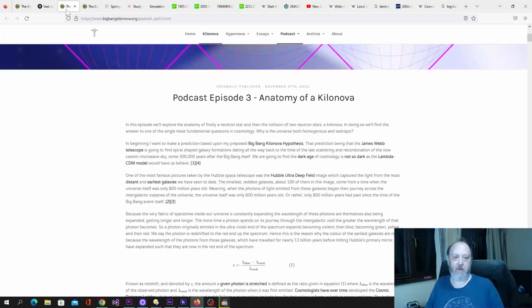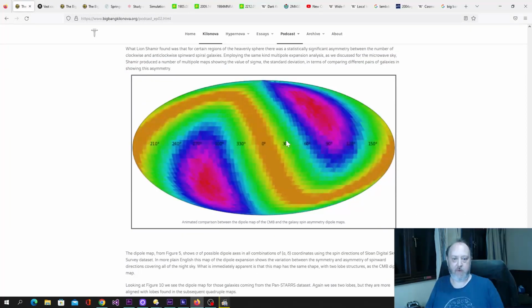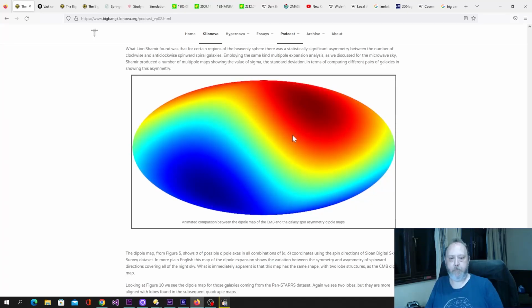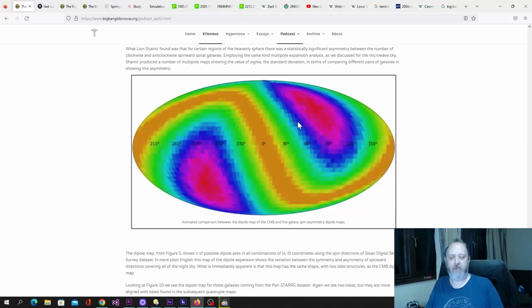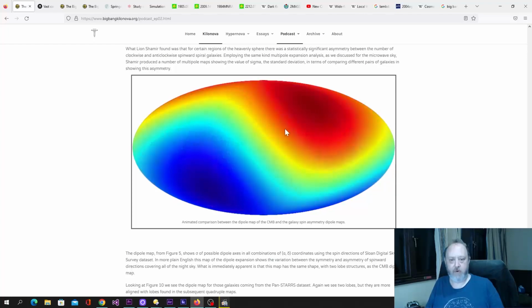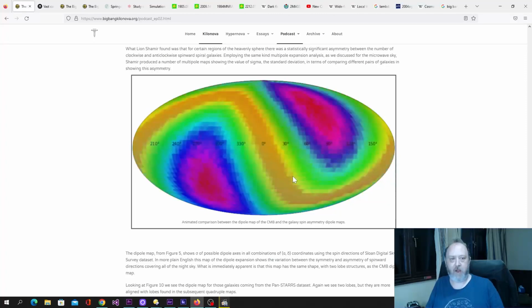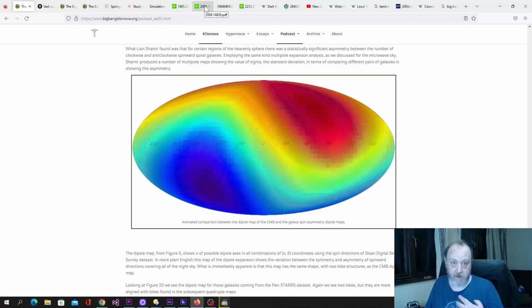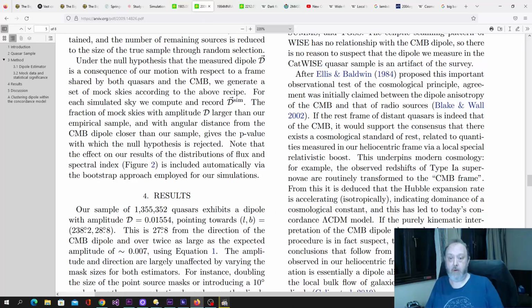So effectively, it would be trying to adjust the speed of the solar system and the speed of our galaxy, such that this dipole is removed and all this becomes one uniform isotropic color. That's what the cosmological principle is expecting. Well, that's not the case as a finding.